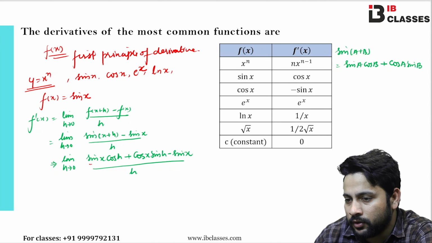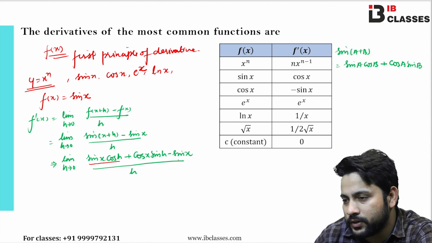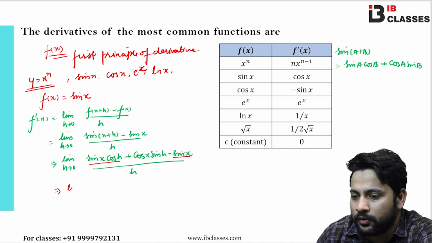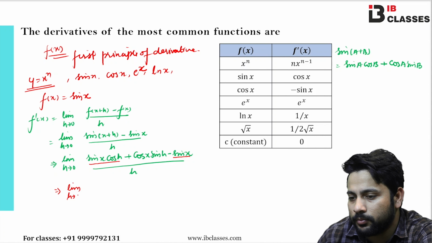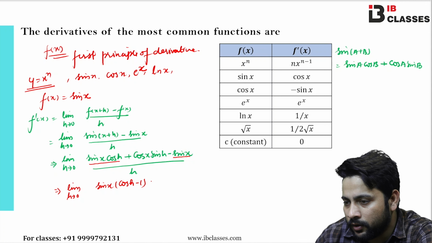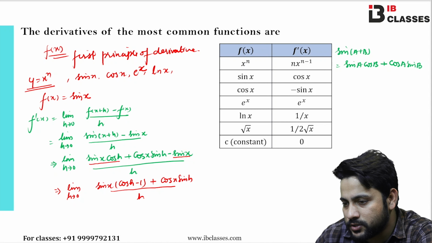If we notice in the first term and the last term, we have sine x as common factor. Taking it out as common, it will be sine x (cos h minus 1) plus cos x sine h over h.